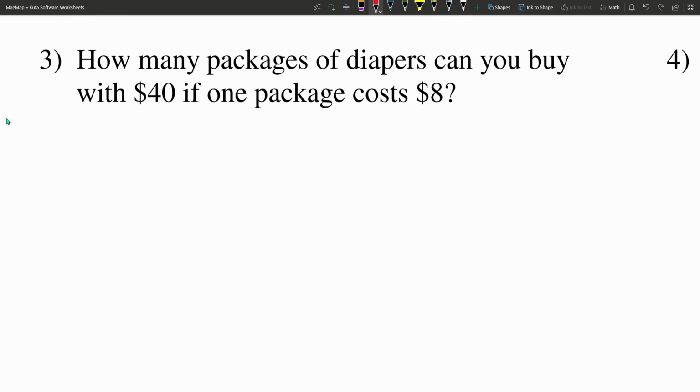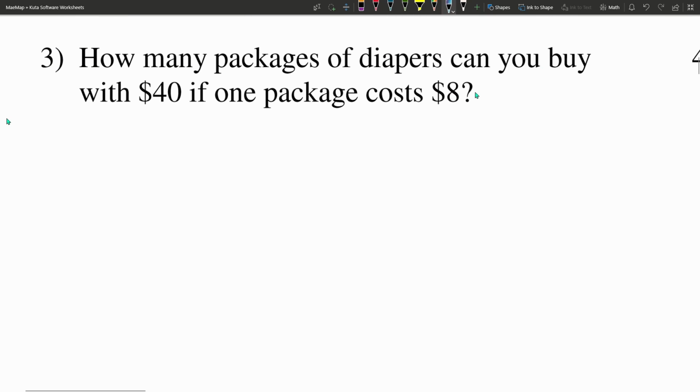In number 3, it says, how many packages of diapers can you buy with $40? So we have a total of $40, and one package costs $8. So it's asking how many packages of diapers can we buy with $40 if one package costs $8.